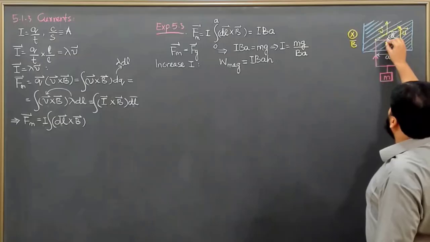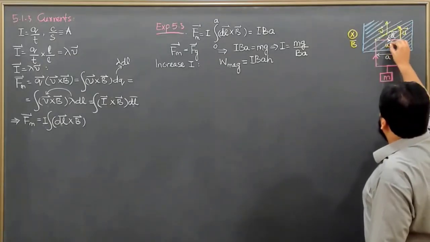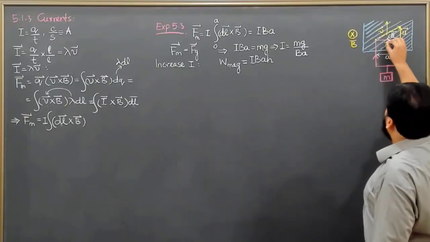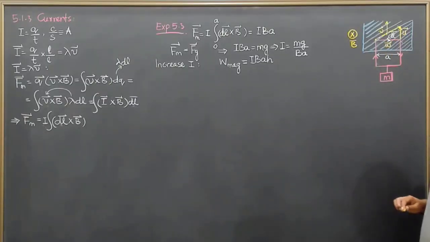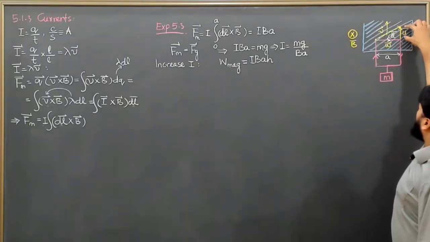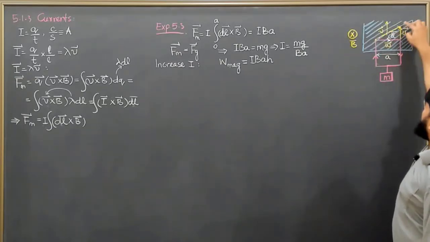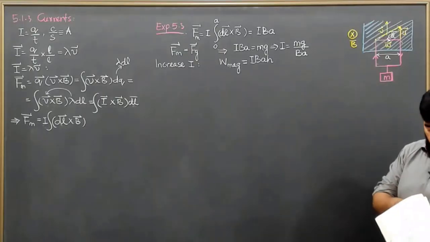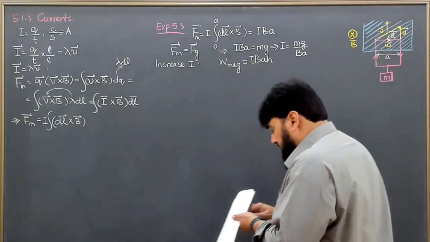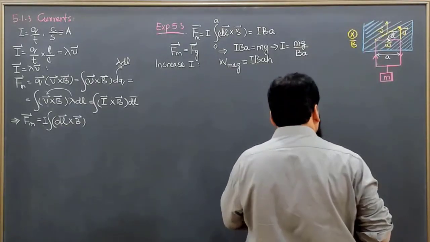When there was no increase in the current, no lifting up, the horizontal velocity was w. But due to the increase of current, this additional component came in and the net velocity is now in this direction.